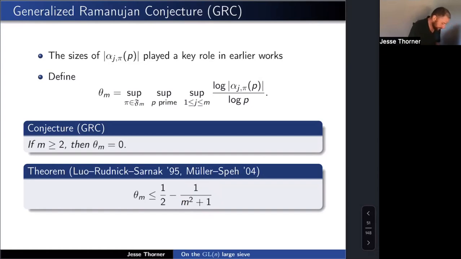Sorry, just to interrupt you. Henrik has a question. Henrik, would you like to unmute? Yes? So the question is, do small primes take part in your definition of theta? No, they don't. This is supposed to be a universal bound.